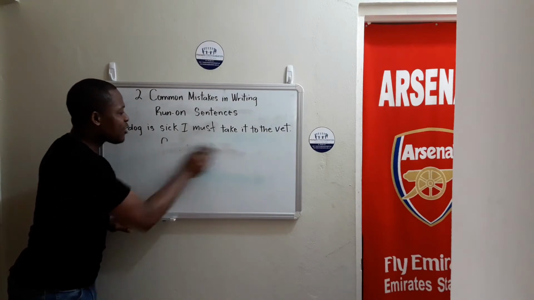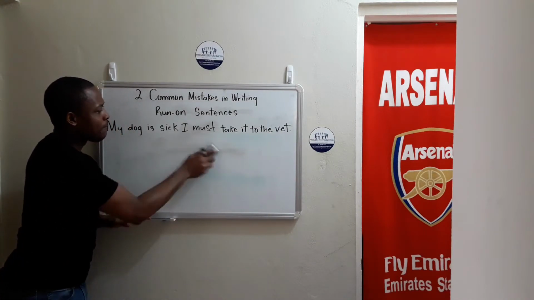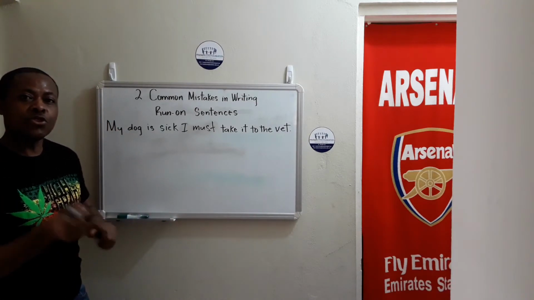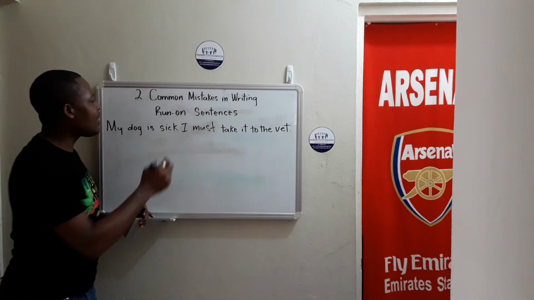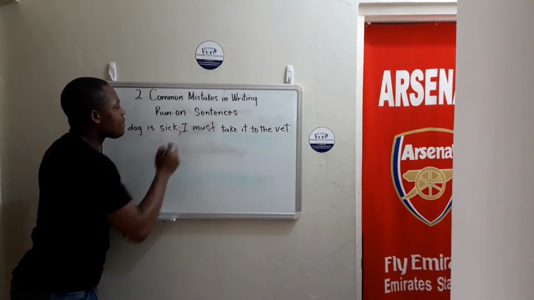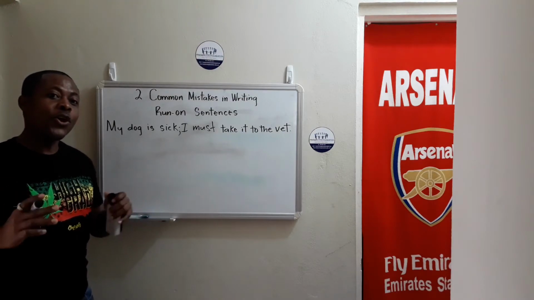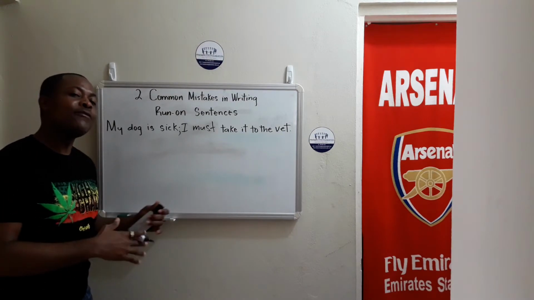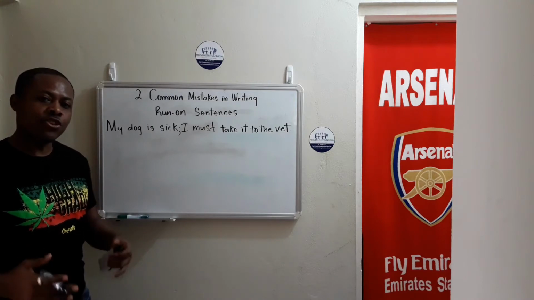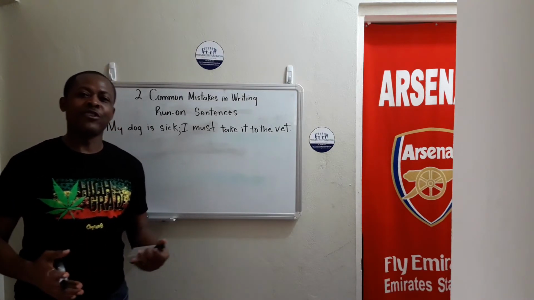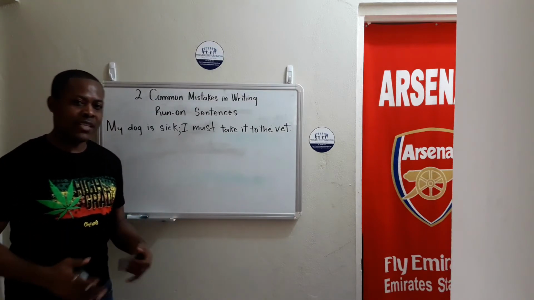So let's eliminate it right away. So again, all we need to do is to introduce a semicolon. And now voila, we are good. Or go back to what we did before with the coordinating conjunction.